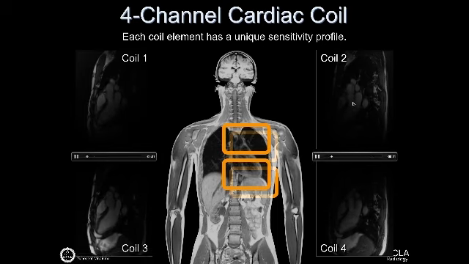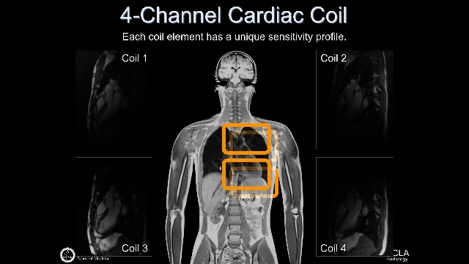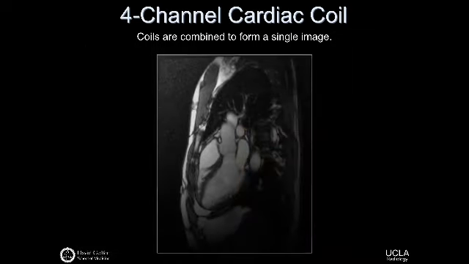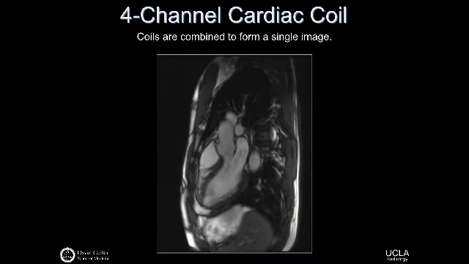They're still sensitive to the same excited slice, but they have different views because they're closer to some anatomy and further from other anatomy, depending on the placement of the coil on the subject's body itself. So conventionally, what we do is take all this imaging information and combine it such that we can get a nice uniformly weighted image. And so now we can't tell that it was made from 4 coils that had slightly different shading. We combine it to get a nice uniform high quality image.